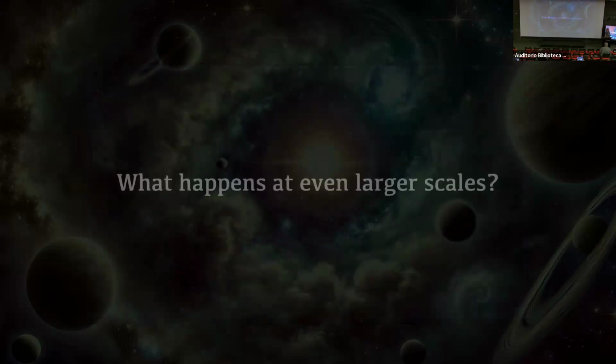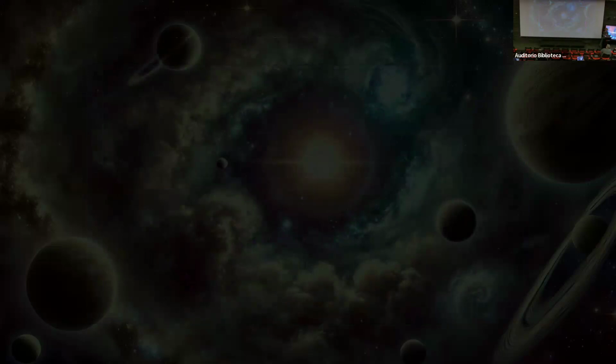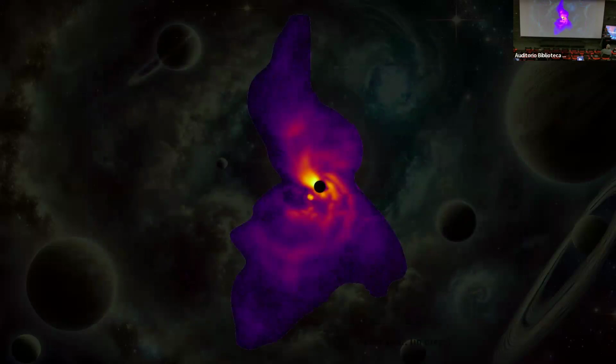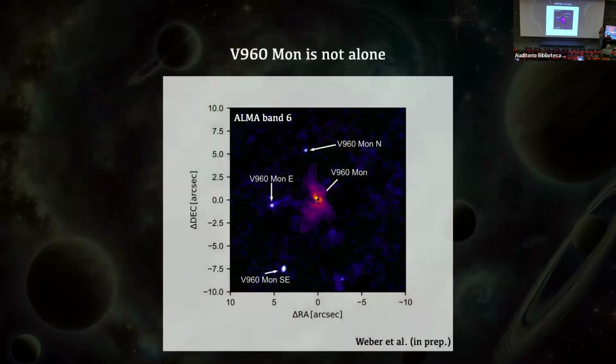Okay, then finally, what happens at even larger scales? This is the SPHERE image, and now ALMA actually does not only give us the image that I showed you before, but it gives us a much larger field of view.